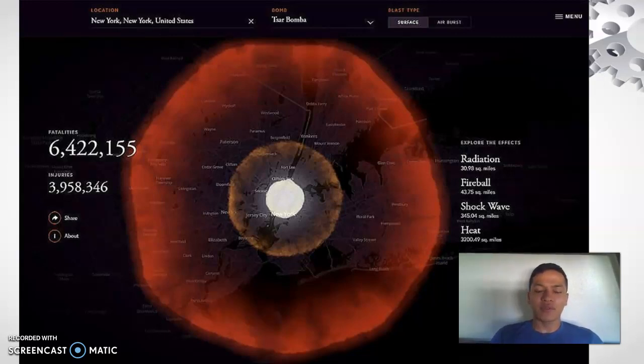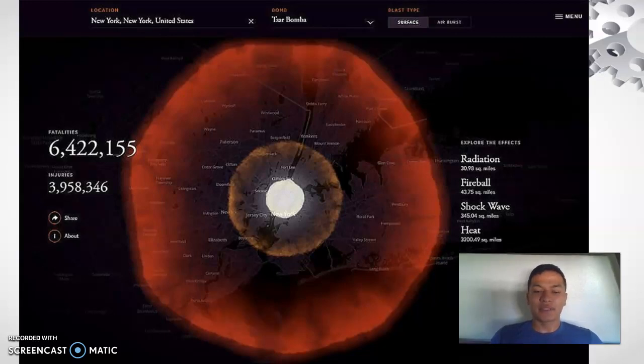In this case, the location is New York, and that type of nuclear weapon is the hydrogen Tsar bomb. And then you can see the number of fatalities. It's up to about 6.5 million people, and then the number of injuries, 3.9 million people. This is crazy, how much destruction one instance would cause.